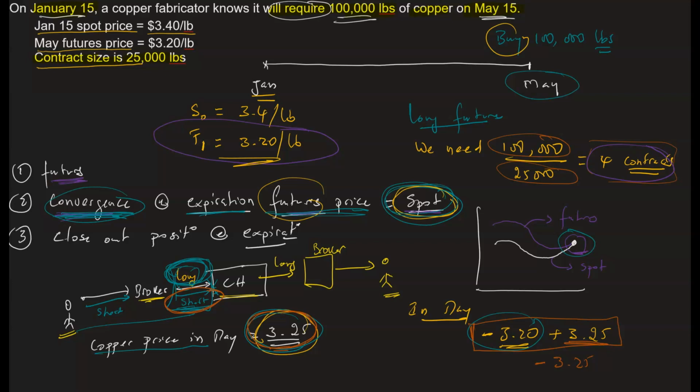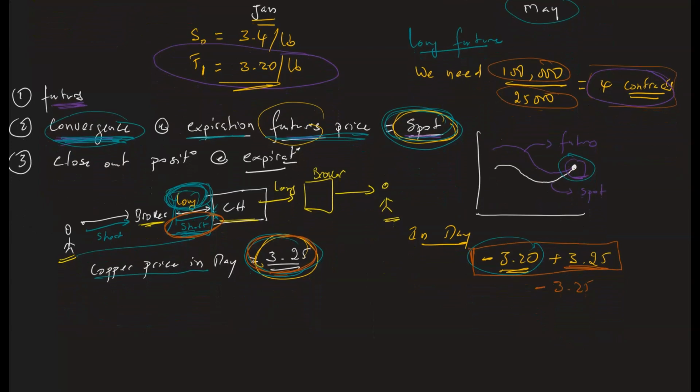And so ultimately, what is the net effect of all of this? Well, the net effect is the following. I had a position of $3.20. That was my long. And I closed out at $3.25. That is a plus here because I took a short. Ultimately, my futures contract gave me a profit of 5 cents, so 0.05.